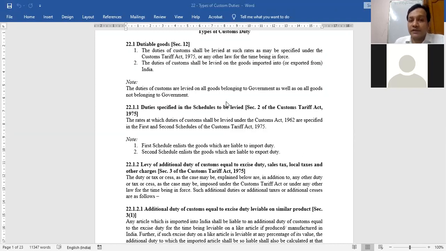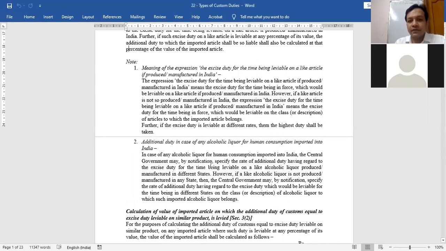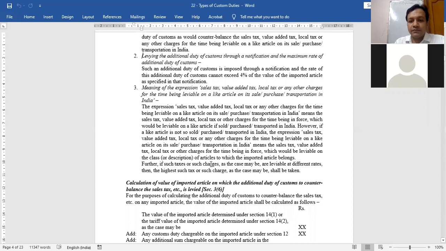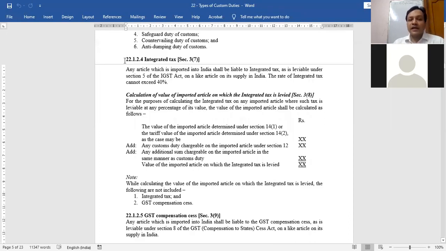So for this, you must read this slide or this file. Okay, so I have prepared this. This is from my book. Now you can see IGST. Now this is the calculation of IGST.